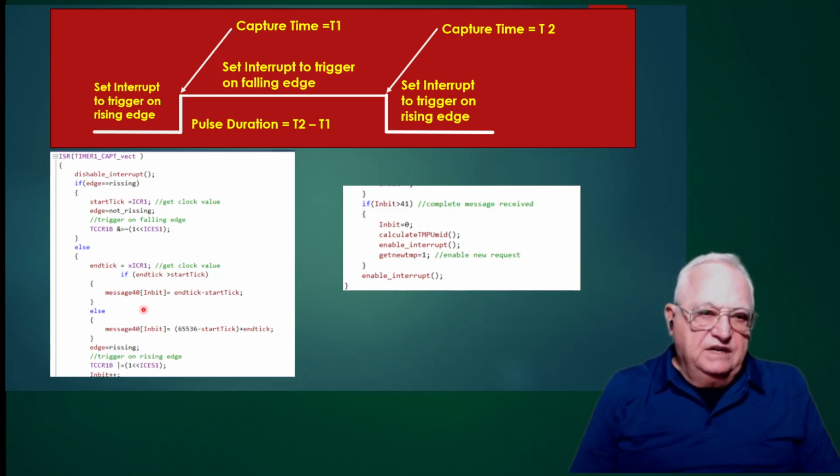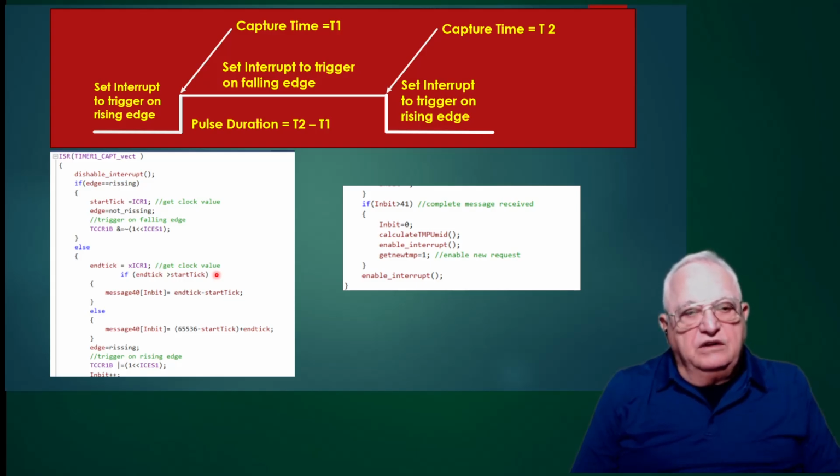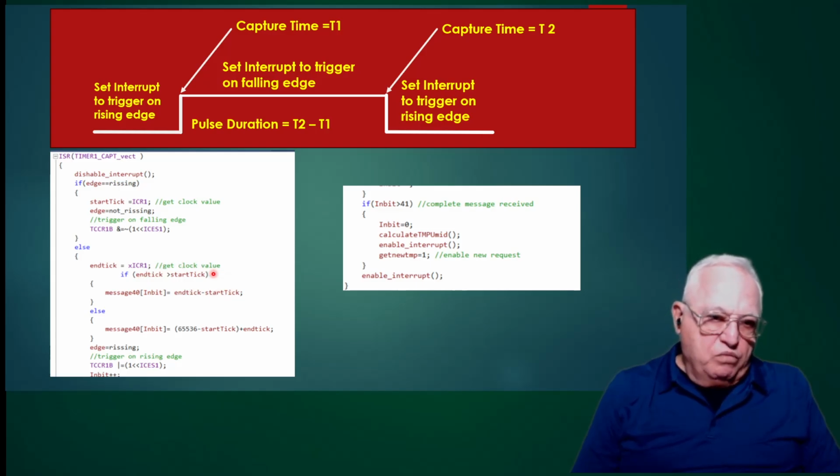The next time it comes in, we're again going to grab the time, and then we're going to ask if the final time is greater than the starting time. The reason I do this is because I want to find out whether or not the clock has rolled over while we were doing this activity.